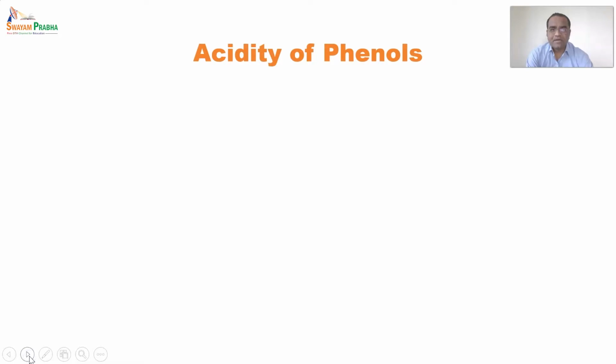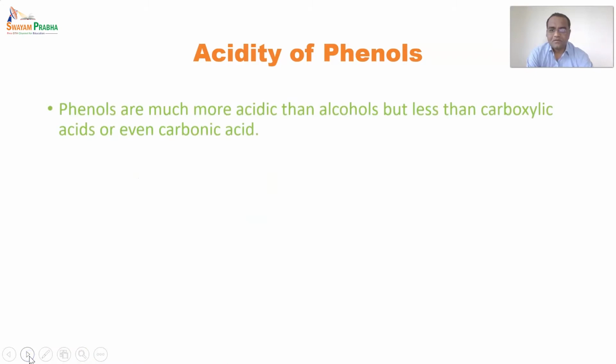Now we'll come to the point, acidity of phenols. Phenols are much more acidic than alcohols, but less than carboxylic acids or even carbonic acids. So how can we define acidity? It can be defined by the acidity constant, that is Ka.